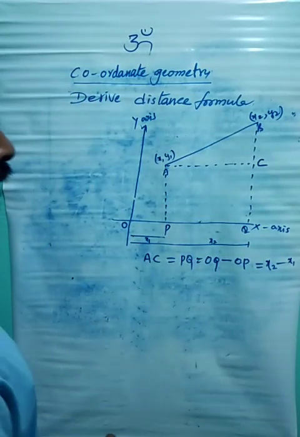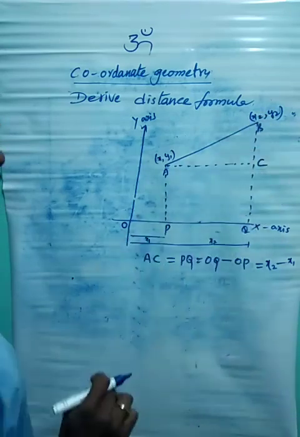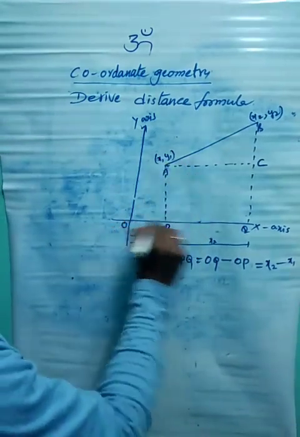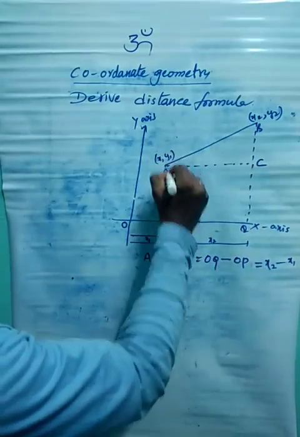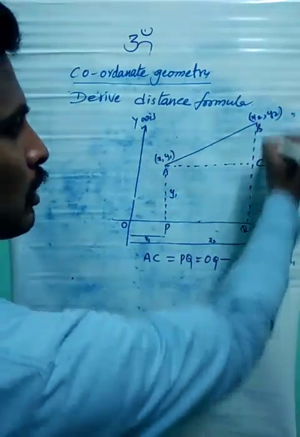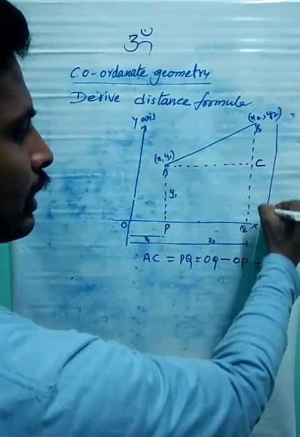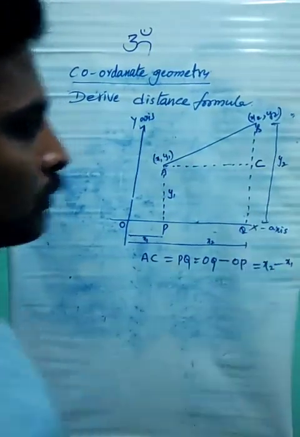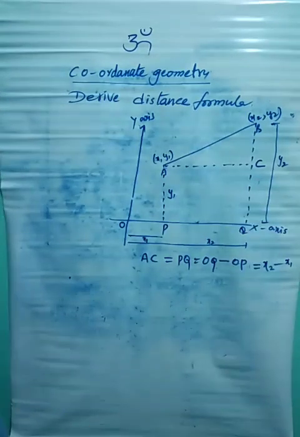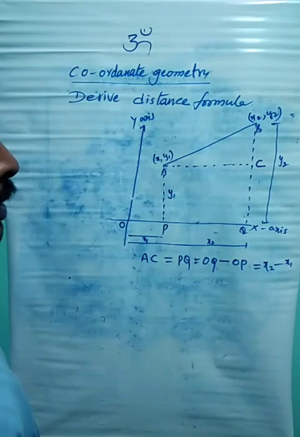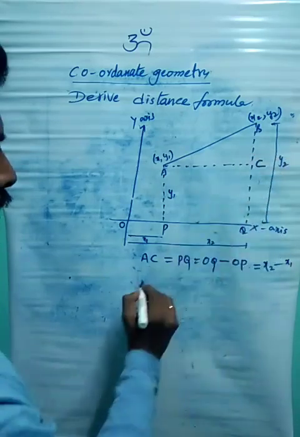Similarly, I am taking the BC distance, which is along the y-axis. Here to here is y1, and the total distance is y2. Here to here the distance is y2, and here to here is y1. How do we know the BC distance?